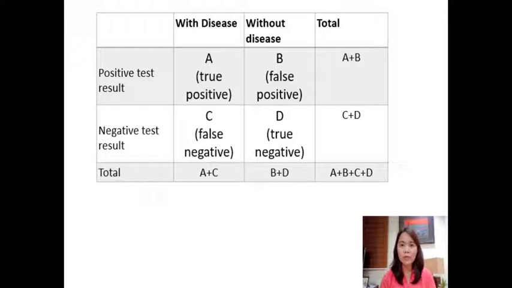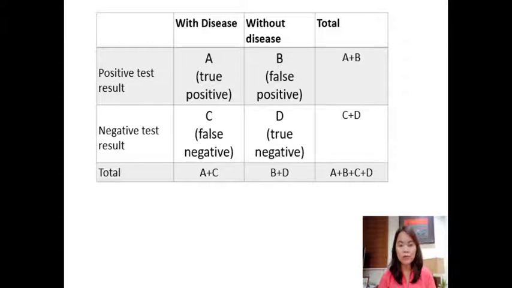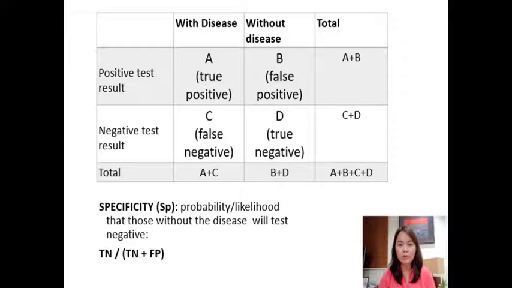Patients with disease or without disease are determined by the results of the reference standard, and the positive and negative test result is based on the test in question. So you can compute for sensitivity using this formula, and also specificity from this 2 by 2 table can be computed from this formula. Okay?